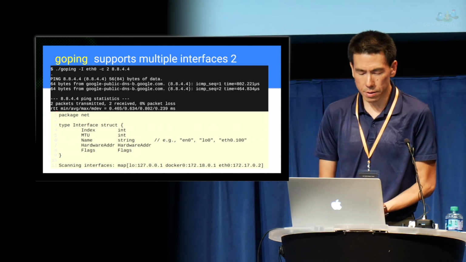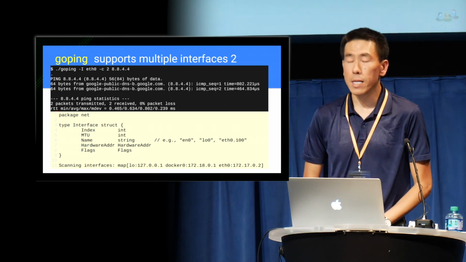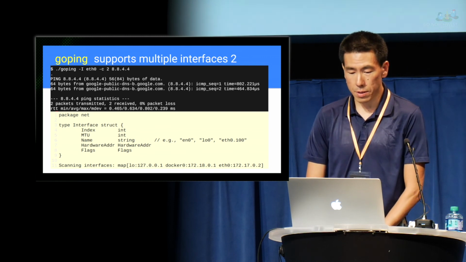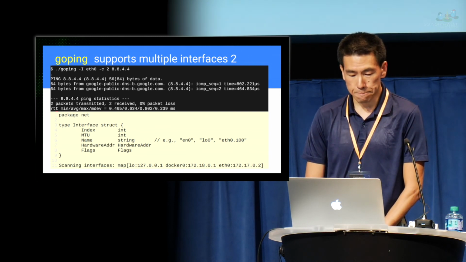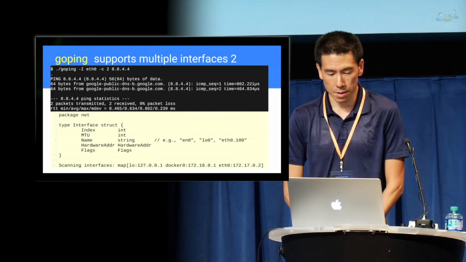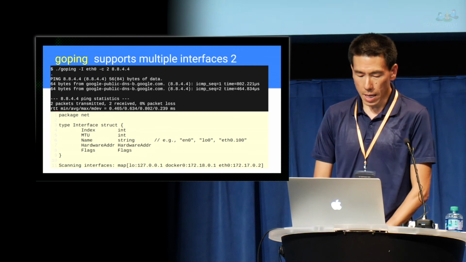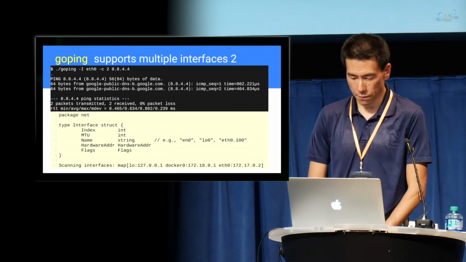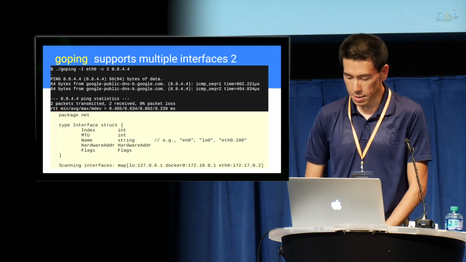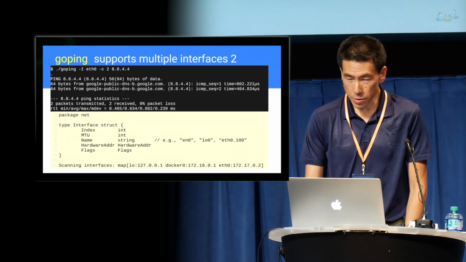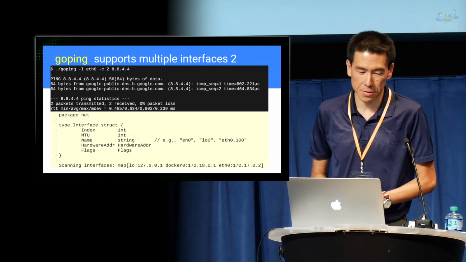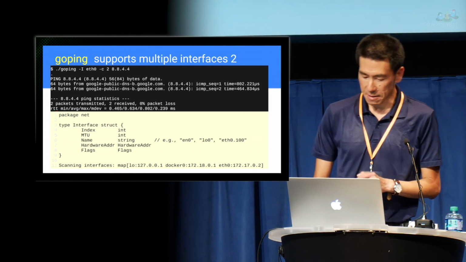Here is a demonstration of goping sending out through eth0. I enumerate all the interfaces on the operating system and return a map of interfaces with their IP addresses. This seems to work, and if you don't trust me, I'm going to post a screencast of it, or you can just download the application and try it.